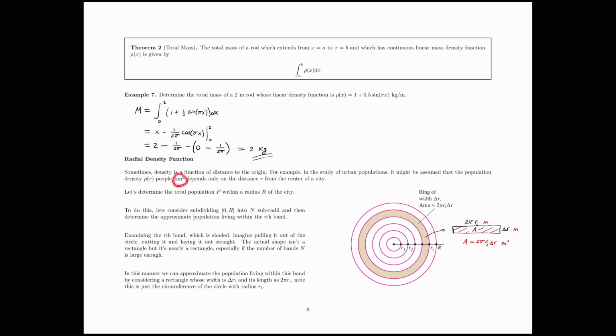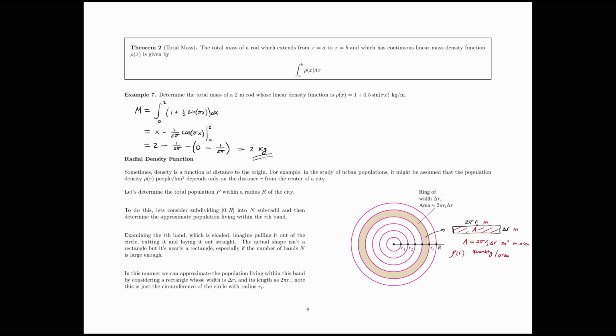So this is quantity per area. So our density as a function of r has units of the quantity, whether it's population or mass, per area.